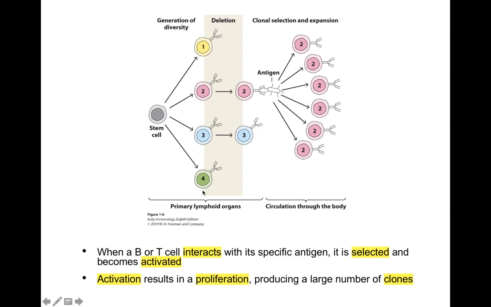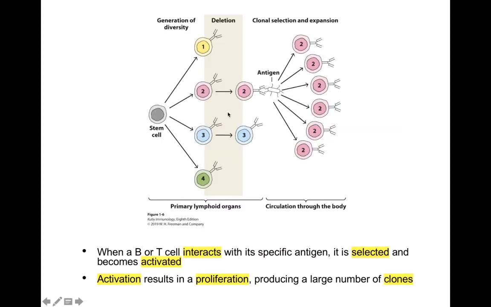And then clonal selection and expansion means that only the B cells that get activated with antigen are going to clonally expand, so become more of them if they get activated.